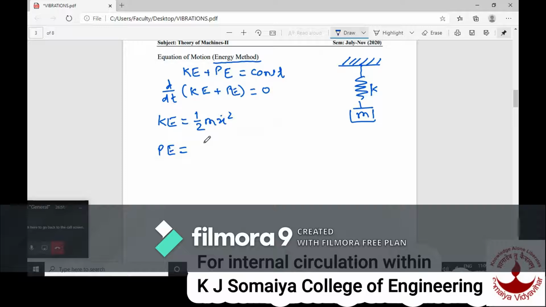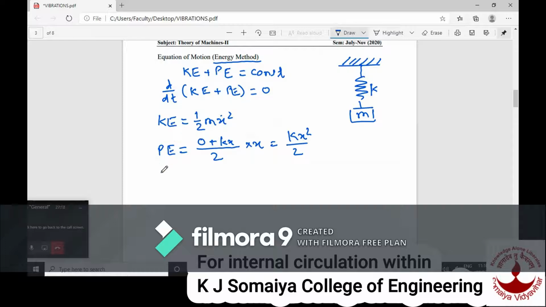It varies from 0 to kx, so the average force is kx by 2 into x, or it can be written as kx square by 2.